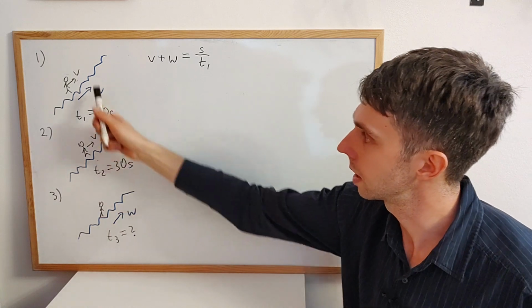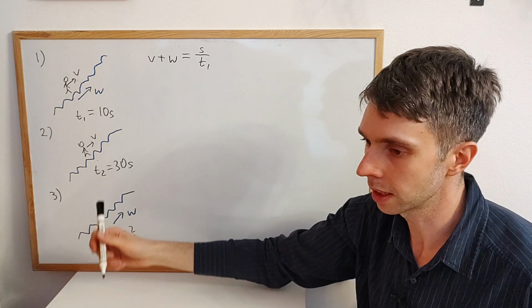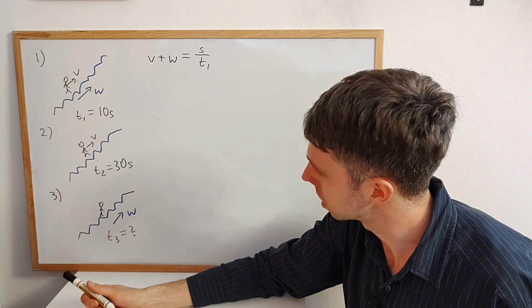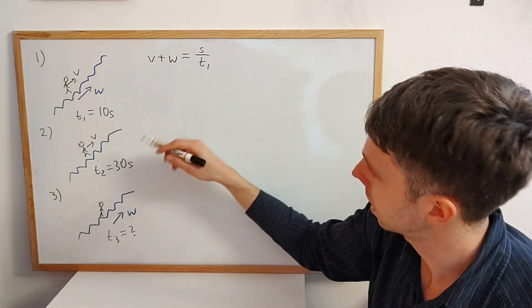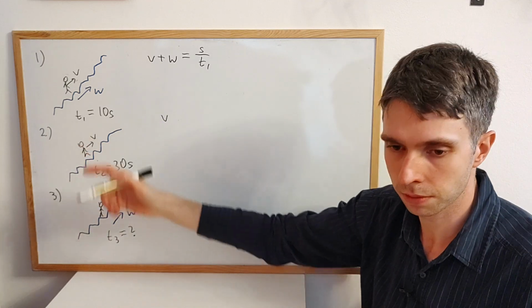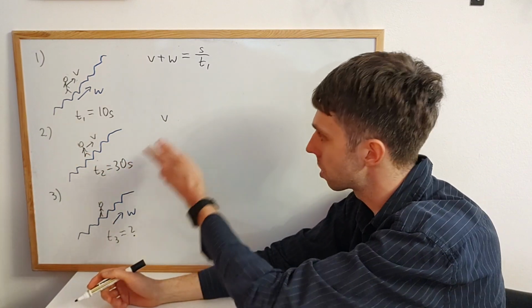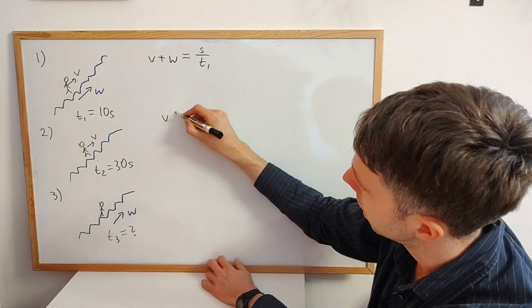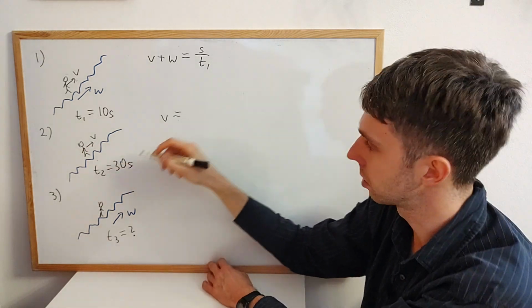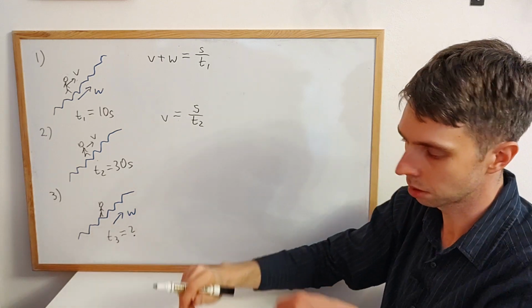This is the same speed relative to the escalator, but now it's also the speed relative to the surroundings. So his speed in the frame of reference related to the shopping mall is v, and he covers the same distance s from bottom to top, and now the time is t2.